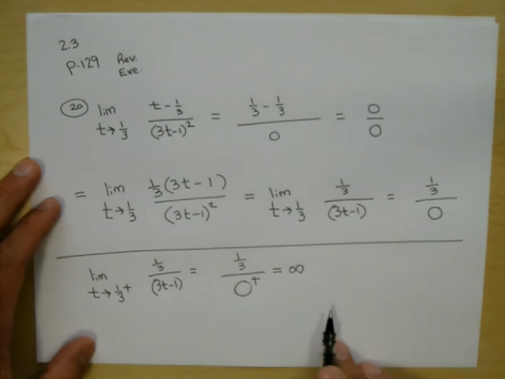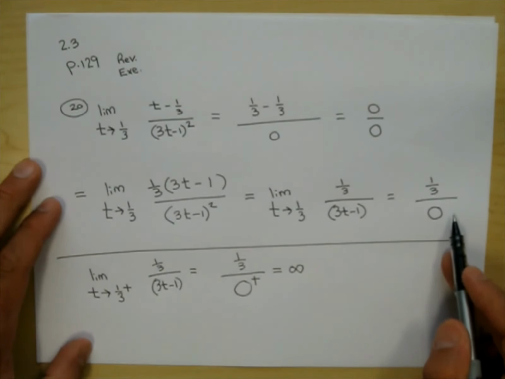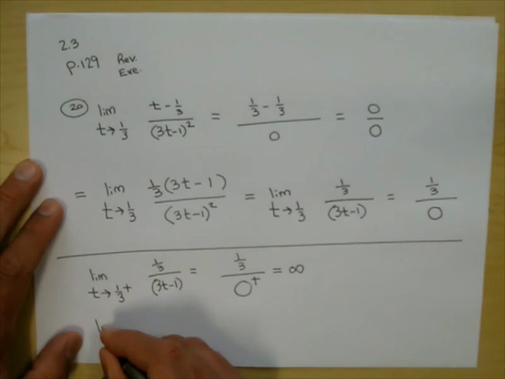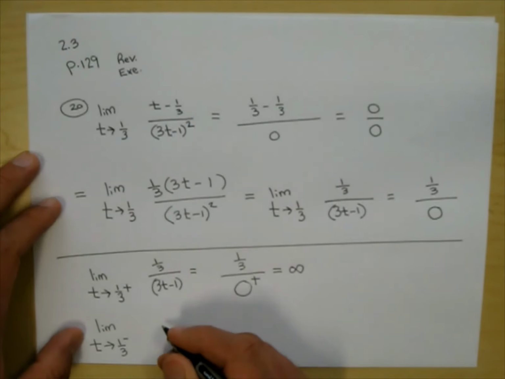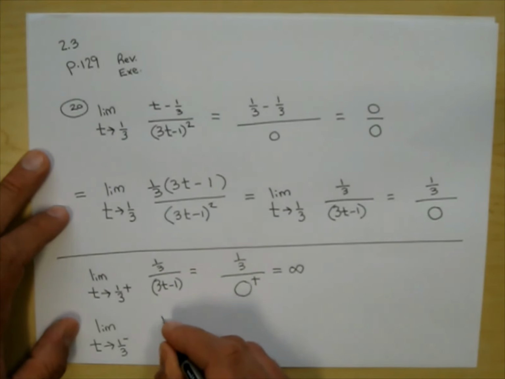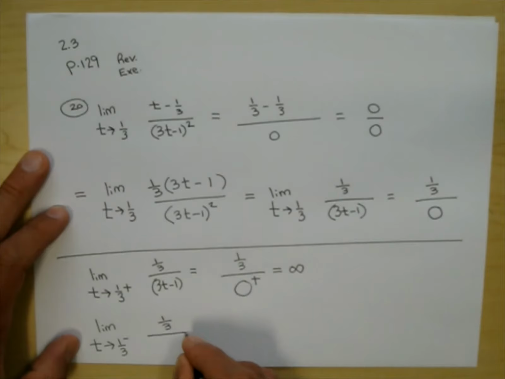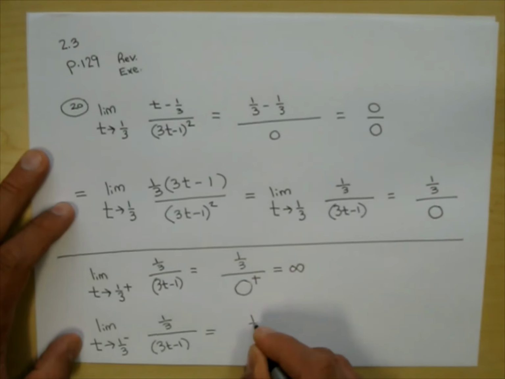You get a number over a very small positive number, which is infinity. And I know what you're thinking. You're thinking, that's what I was going to say here, but you have to investigate both sides. So I'm now going to say t goes toward 1/3 from the left. So I have 1/3 all over 3t minus 1. And so on the top I have 1/3.